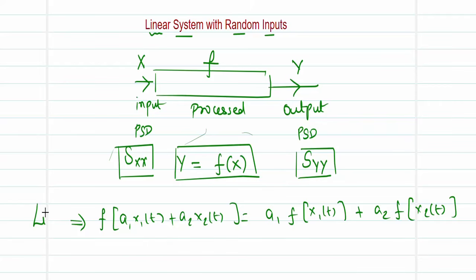So for linearity, you have the function of a1 x1 of t plus a2 x2 of t. a1 and a2 are constants over here. x1 of t and x2 of t are my inputs. Then if my output process can be written as a sum of the independent input processes, you call the system a linear system.